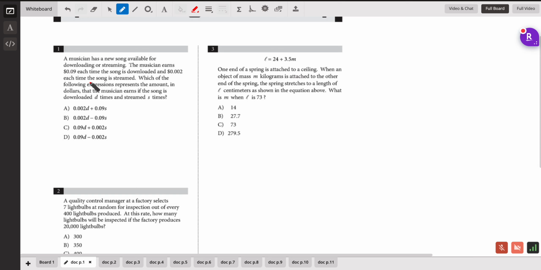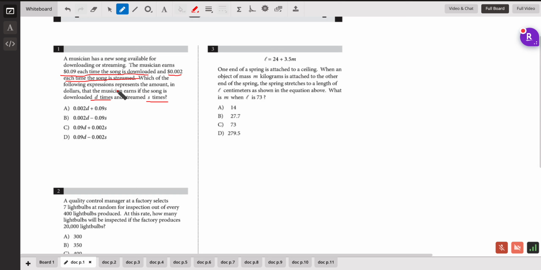Okay, number 1. A musician has a new song available for downloading or streaming. The musician earns 9 cents each time the song is downloaded and 0.002 cents each time the song is streamed. Which of the following expressions represents the amount in dollars that the musician earns if the song is downloaded D times and streamed S times?